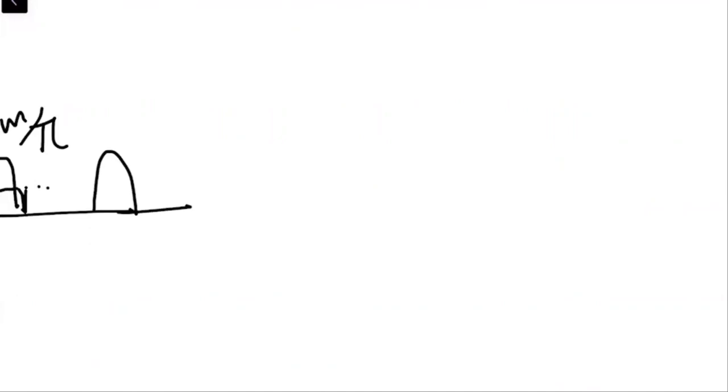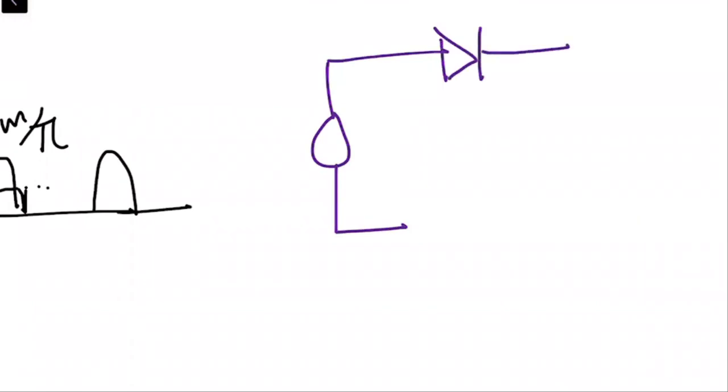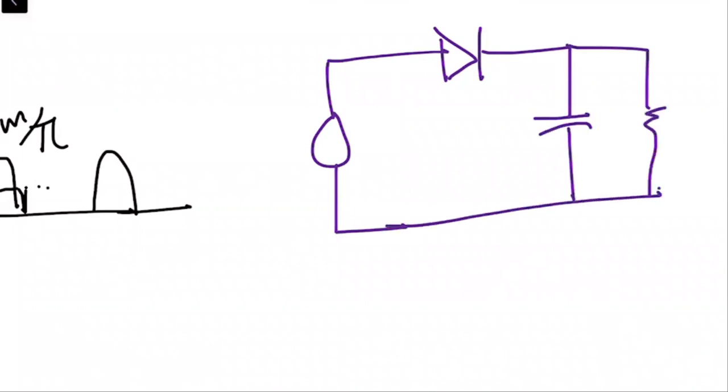If we have the AC source and the diode, and with the diode we install a capacitor as well as a resistor in parallel, how is this circuit going to behave? Now we have C and R. Anyone?